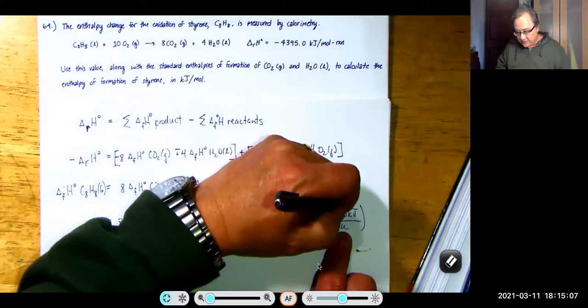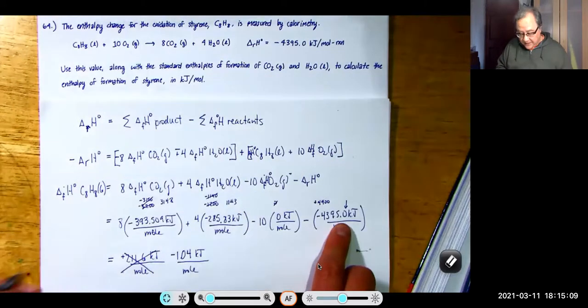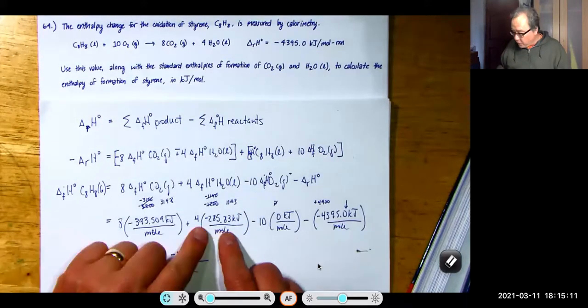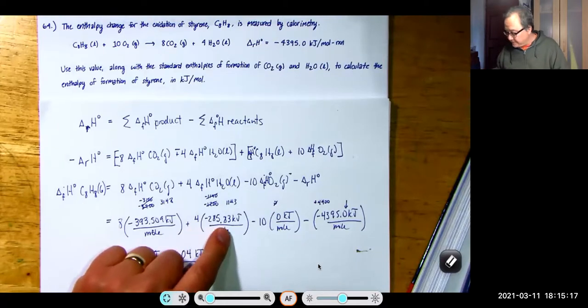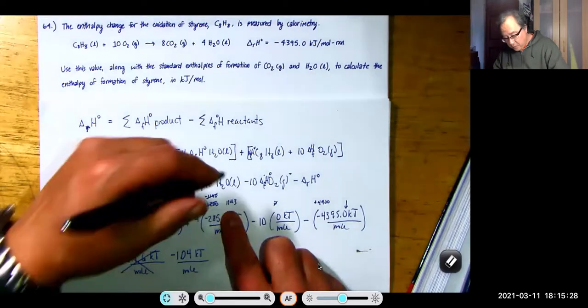Now, when we're trying to keep track of significant figures, you can see that when we add these numbers together, this is going to be good to the 10th. When we do 4 times 285.83, that's actually going to be 1143.3.